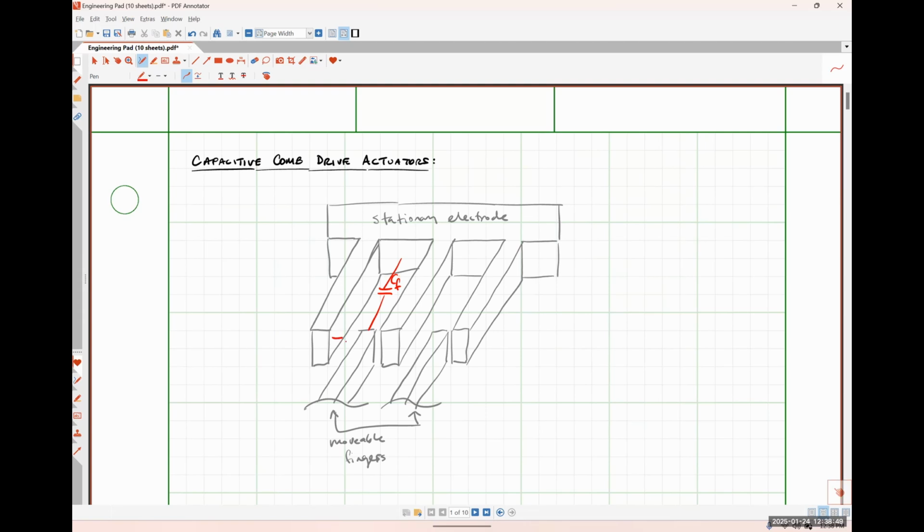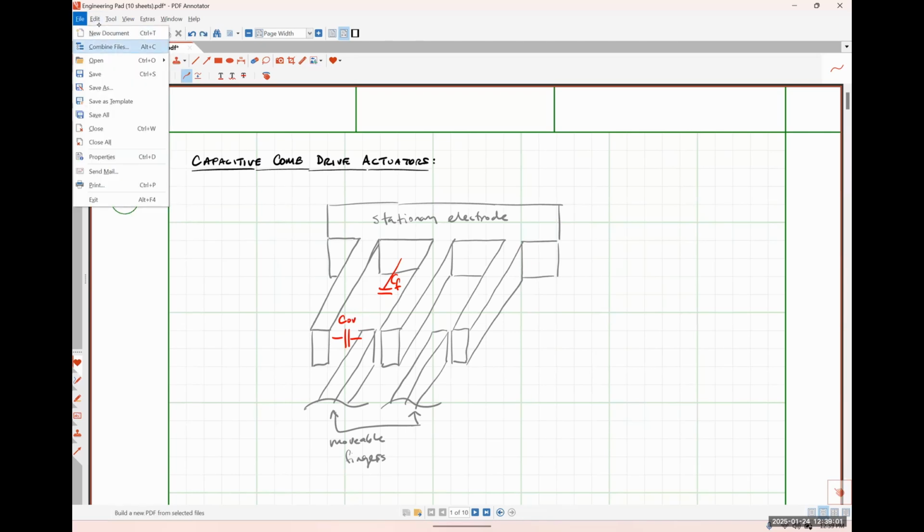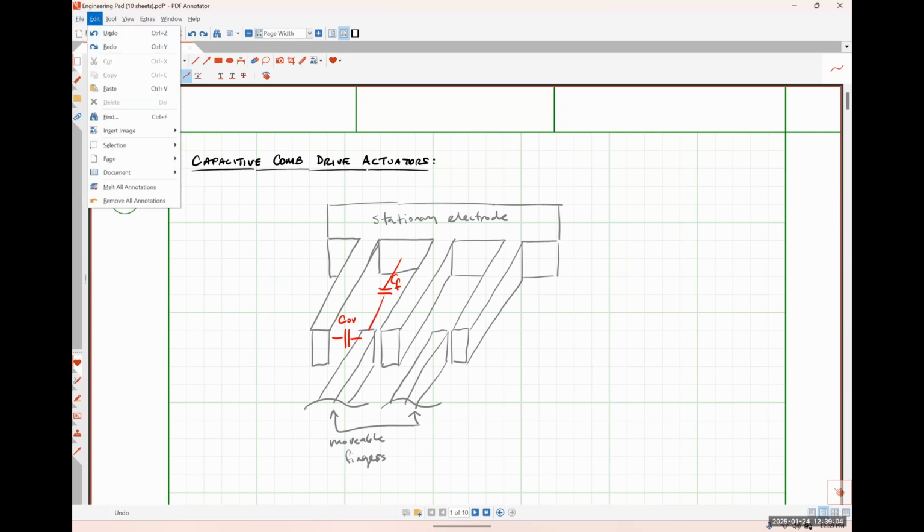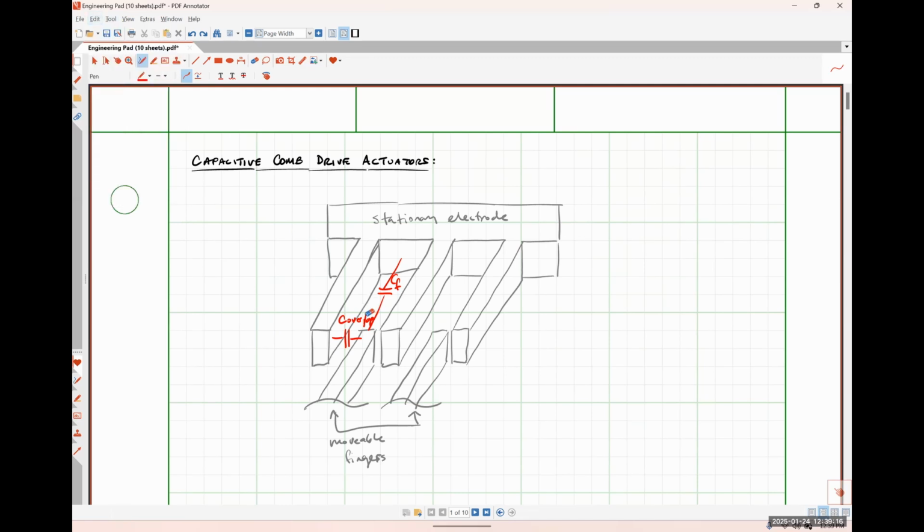And then we have some capacitance here, which I'm going to call C overlap, where this distance is our distance between the plates.